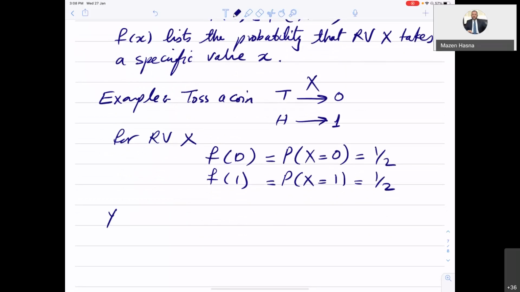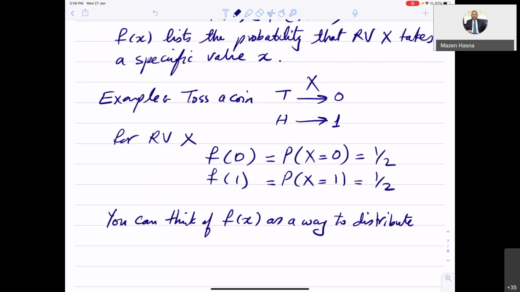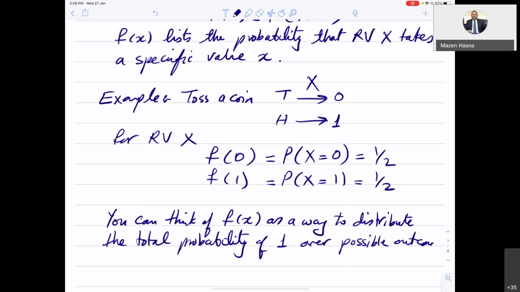So you can think of f of x as a way to distribute the total probability of one over possible outcomes.